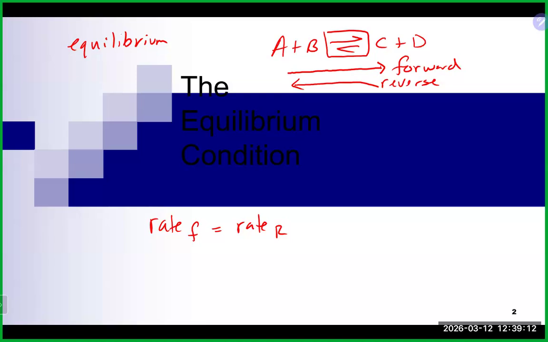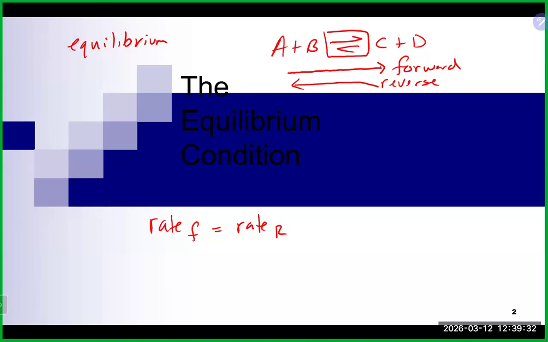What does that mean in terms of reality of what's happening in the equation at that point? If something is going to the right just as fast as it's coming back to the left, you're ultimately going to get no change occurring. Everybody's going to get locked into place.